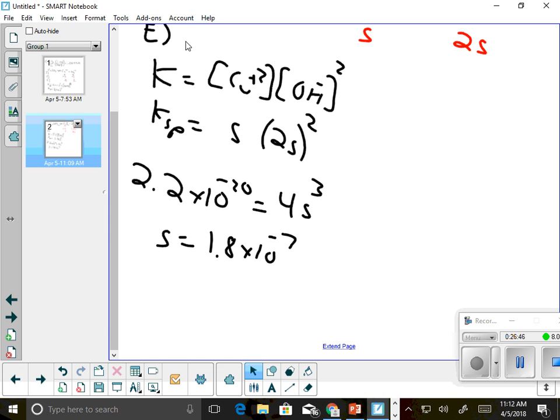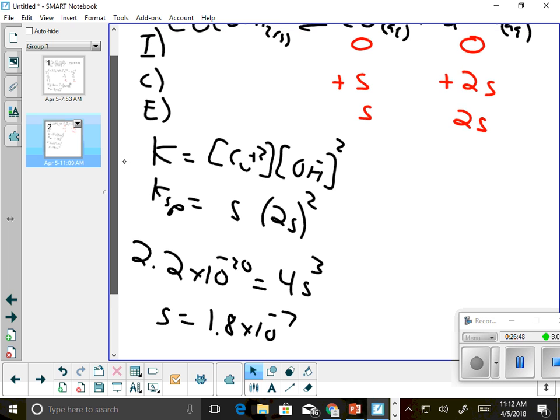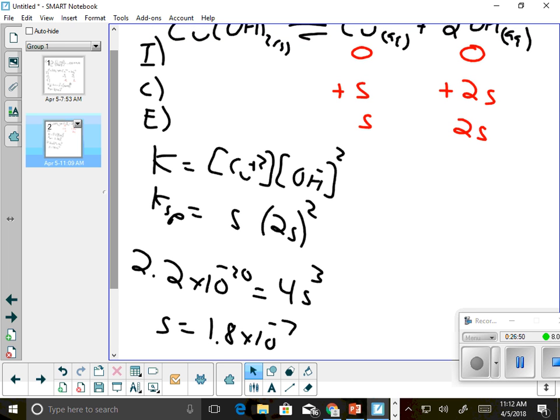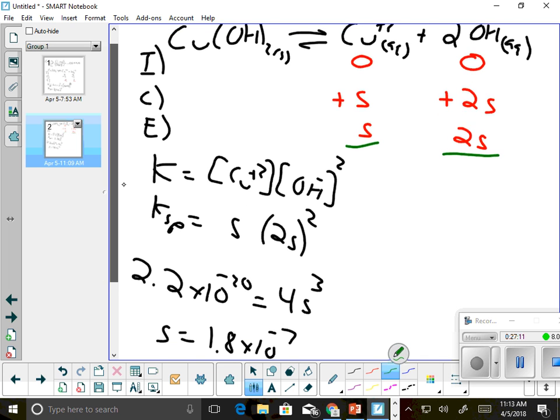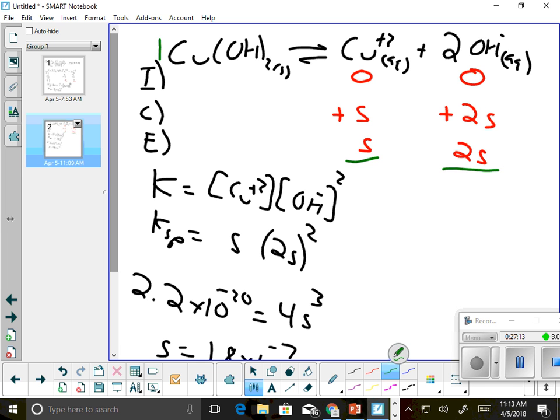This S value, if I scroll back up to my ice table a little bit here, would be the concentration of copper ion, again that's right here, at equilibrium. I'd have to double it actually to say what the hydroxide concentration is. But if we started this question by giving you the K value of copper 2 hydroxide, and we want to know what's the molarity of copper 2 hydroxide, the copper 2 hydroxide is in a 1-to-1 ratio with the copper ion.